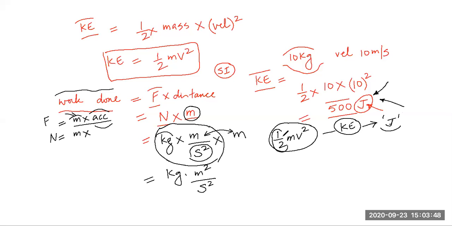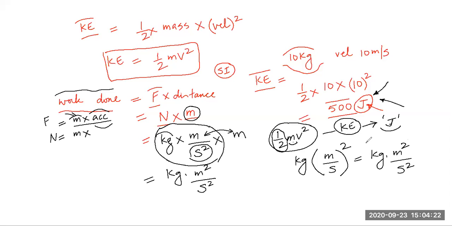Half is a constant, no unit. What is the unit of mass? Kg. Into what is the unit of velocity? Meter per second, and I will square this, because it is mv square. So this is kilogram into meter square divided by second square.